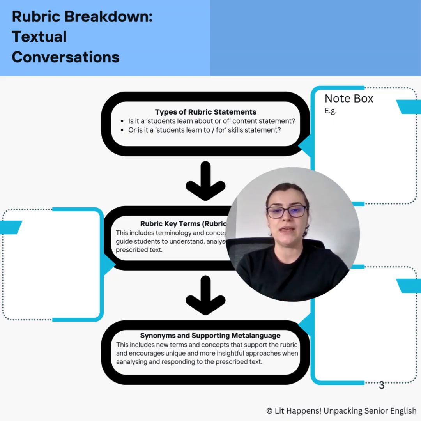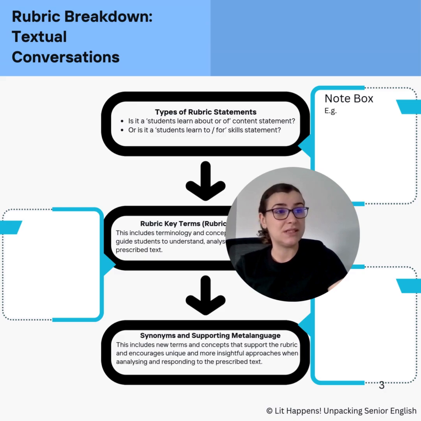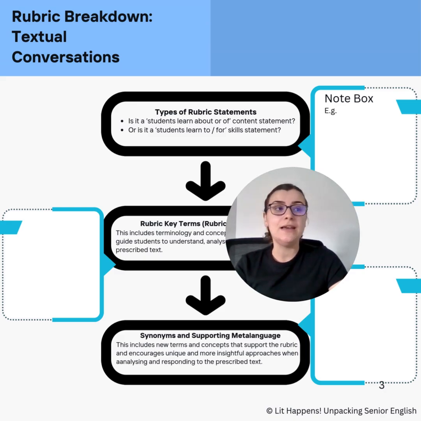So, for example, we might look at some of the key terms being language, power, individual identity, collective identity, self-perception, community. It will be really worthwhile to spend some class time establishing that terminology, trying to get that sense of understanding in the students, and then being able to apply them to your actual prescribed text. And it will help guide that analysis that needs to take place as well.